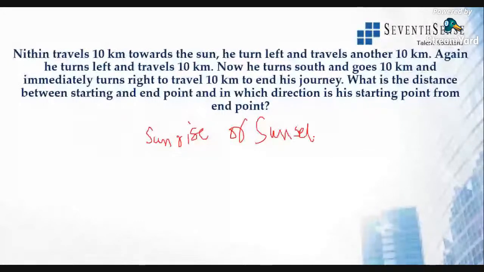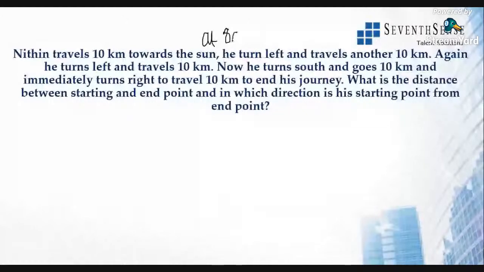So I'll change this question so that we consider a different approach. Let us say he is traveling towards the sun at 8 a.m. It means he's starting his direction towards east.